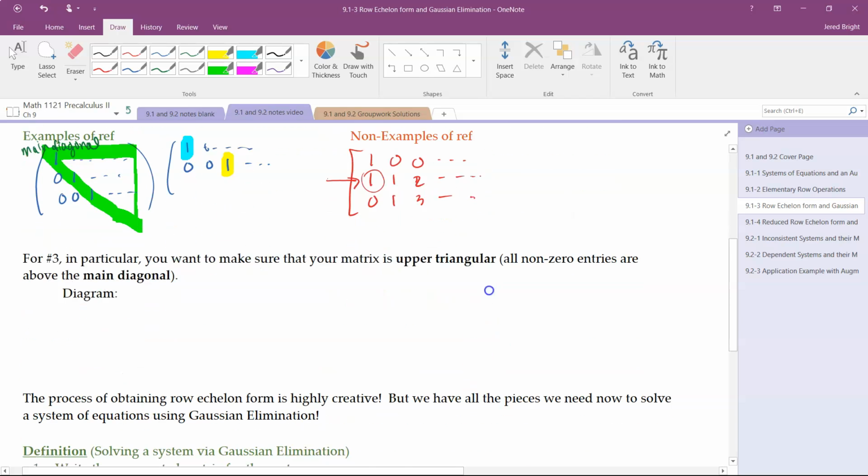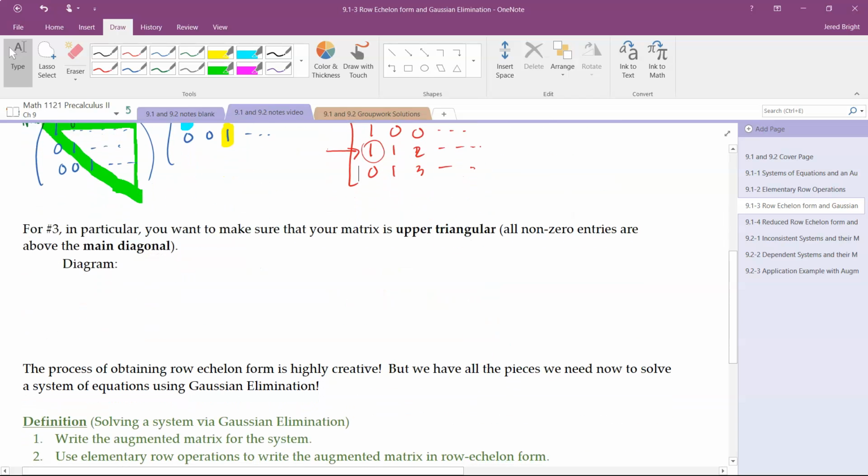I mentioned this in my previous example, with a matrix that is in upper triangular form. We would just make sure that the main diagonal, I'm just going to put asterisks there, is non-zero.